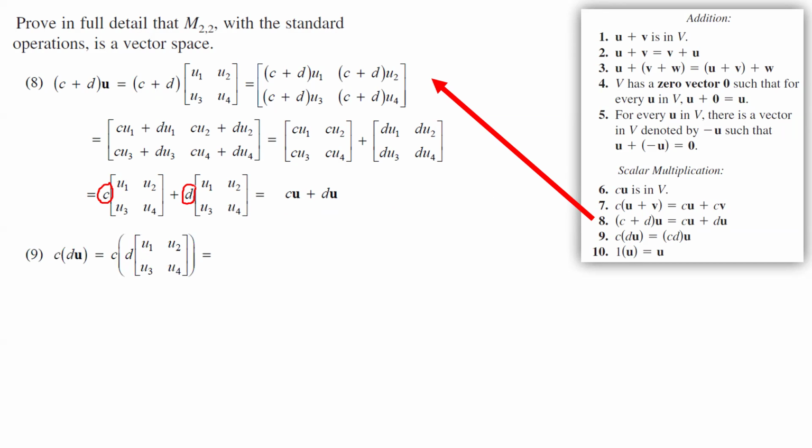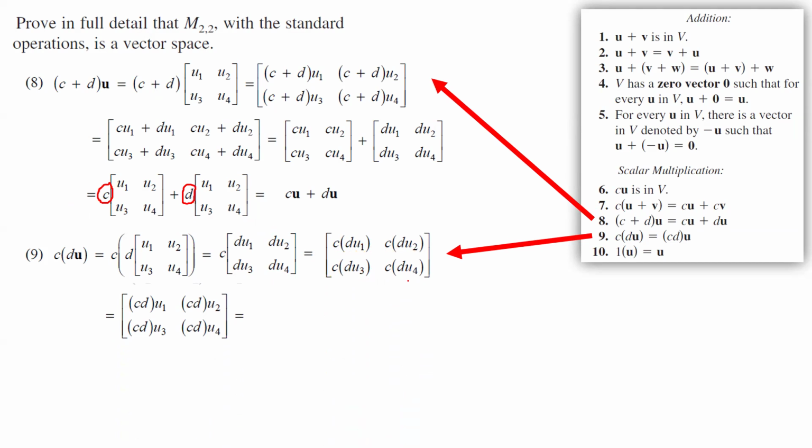For axiom number 9, C times DU, this is basic scalar multiplication. You're just finding the scalar multiplication of C and DU1, DU2, DU3, and DU4. Now, based on the definition of scalar multiplication, this becomes CDU1, CDU2, CDU3, CDU4.